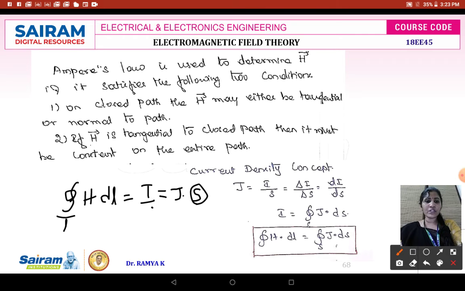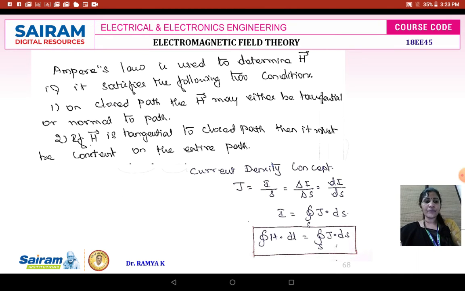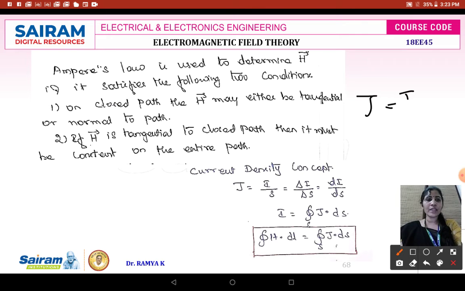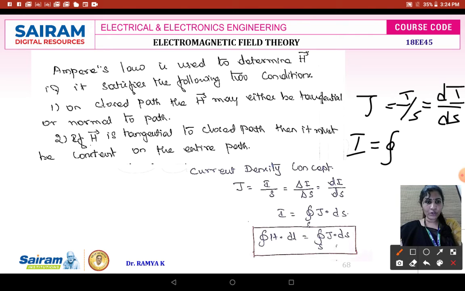After differentiating, we get I equal to the integral over the closed surface of J dot ds. In general, the current density J is equal to I divided by S. If you assume a differential surface area, then the current is differential. From this, I is equal to the integral over the closed surface of J dot ds.